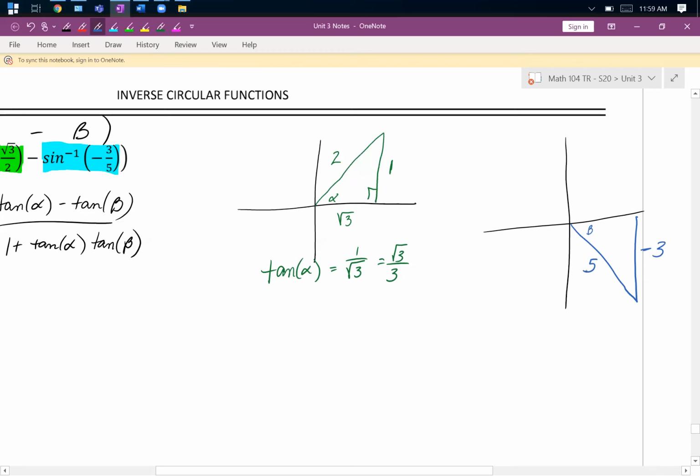We need tangent of this triangle, so we need the adjacent side. We're going to do our Pythagorean theorem. 25 minus 9 is 16. Square root of 16 is 4. And then tangent of this triangle is going to be opposite over adjacent, negative 3/4. Questions on finding those tangent values?